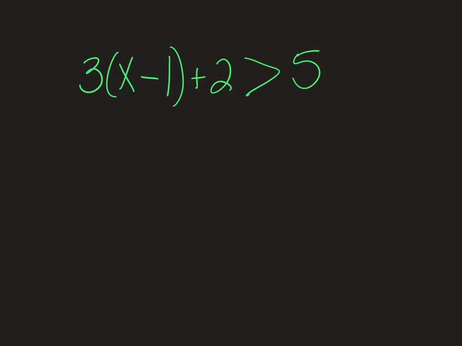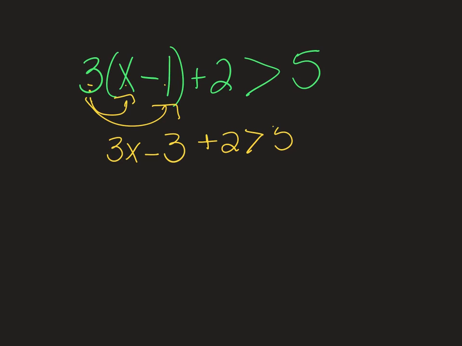In this case, let's say we have 3 times x minus 1 plus 2 is greater than 5. Now, if you will look at this, you know you have an extra step here, and that is using your distributive property. Okay? So 3 times x is 3x, minus 3 times 1 is 3, plus 2 is greater than 5.